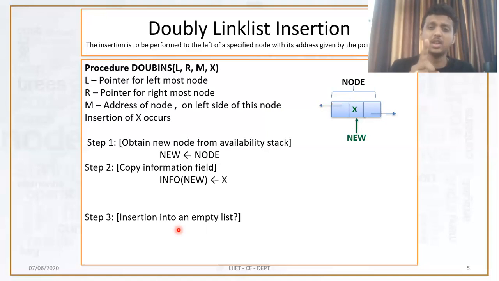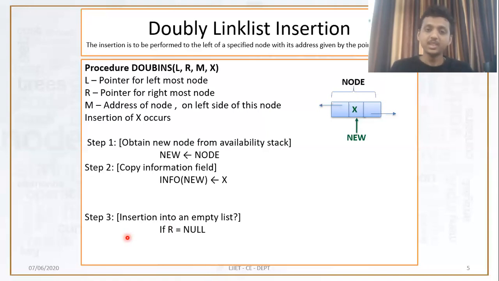So the first scenario is insertion into an empty linked list. Students, just imagine if your linked list is empty, then what happens in a single linked list? The first pointer points to null. Same like that in a doubly linked list, if your linked list is empty, then both the left and right pointers point to null. But here we are considering only the R pointer.